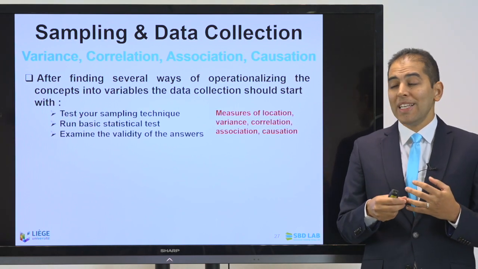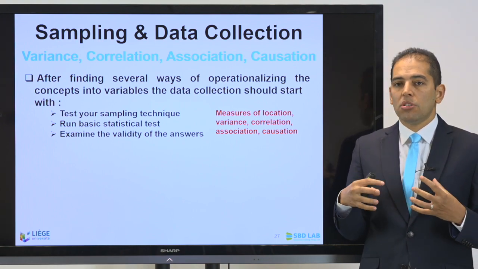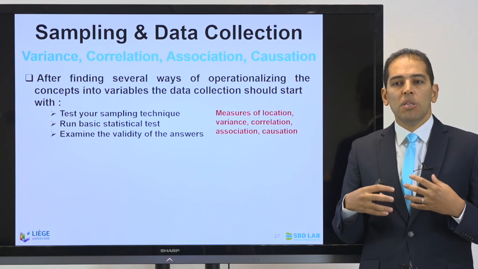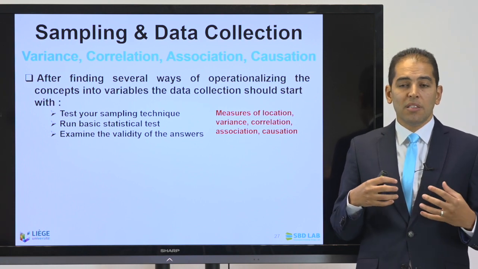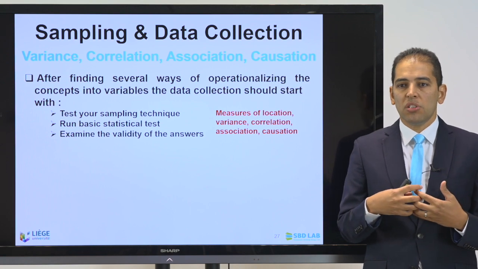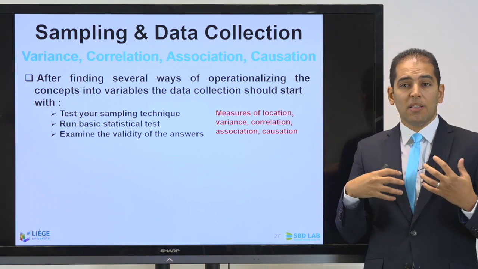I need first to test my sampling techniques and check the measures of location, for example. I need to run some basic statistical tests on the mean, the maximum, the minimum, and the variance, and start to check if there's any potential of variance, if there's any correlation. I have to check if there is a potential for association very fast at the beginning.